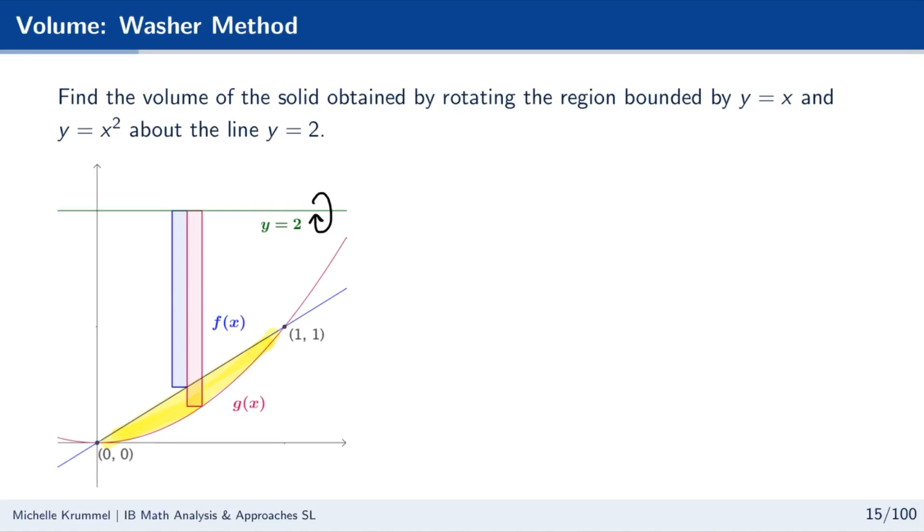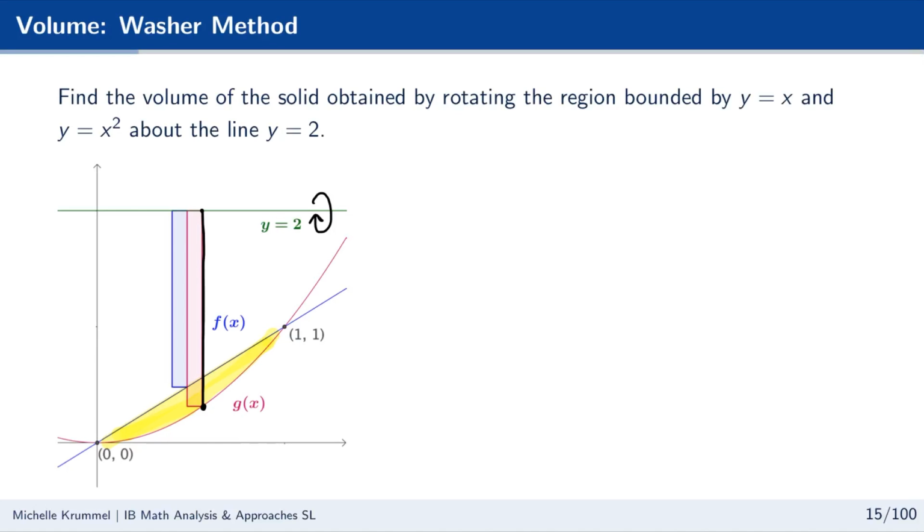And they're already drawn in the picture here. Sometimes it is a little confusing how or where exactly to draw your rectangles. But rule of thumb here, one side of your rectangle has to be touching the axis of rotation. Has to be, always. So you're going to draw from the axis of rotation, right here, the y equals 2, and you're going to draw all the way down to the outer function, just until you hit the outer function, and that's where you draw that rectangle.